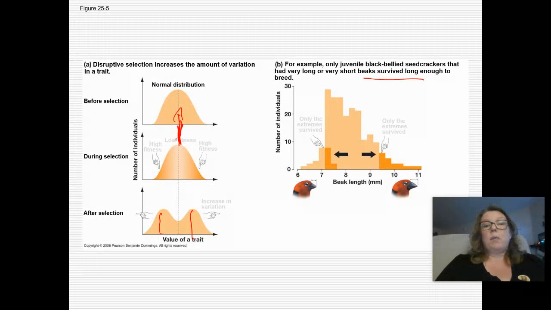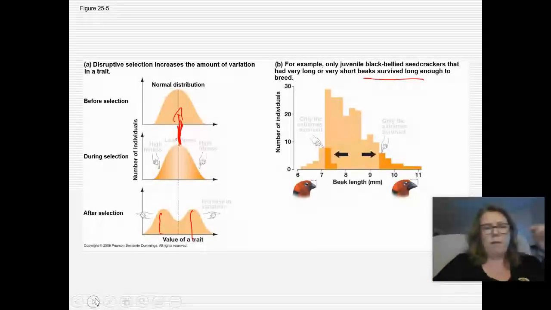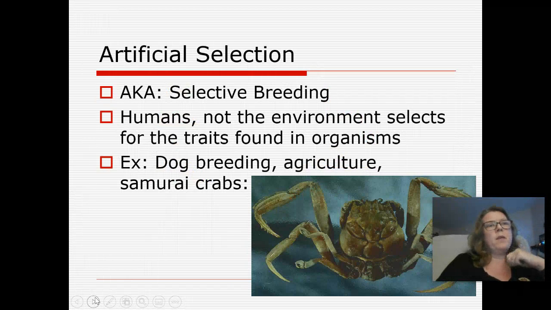The short-beaked birds might have an easier time cracking the seeds because they've got more control and maybe a little bit more power in the muscles that control the beak. But either way, in this case, both extreme phenotypes are selected for, and it's the average that you see the dip in. So you end up with a two-peaked graph, a double peak on a graph.